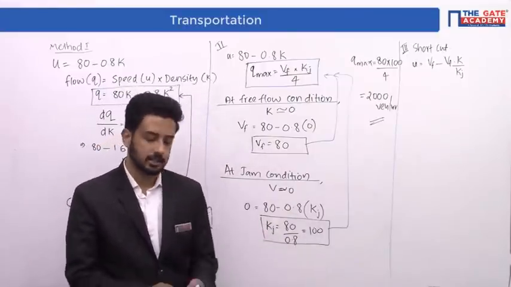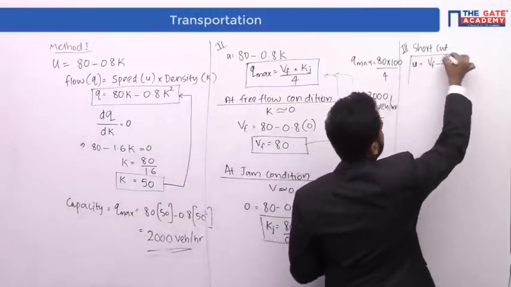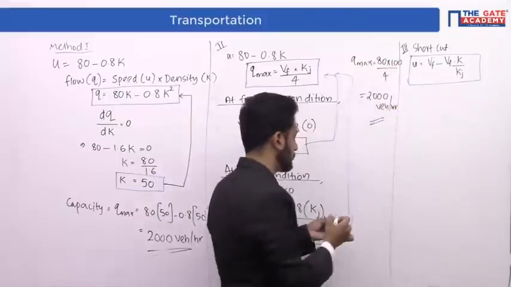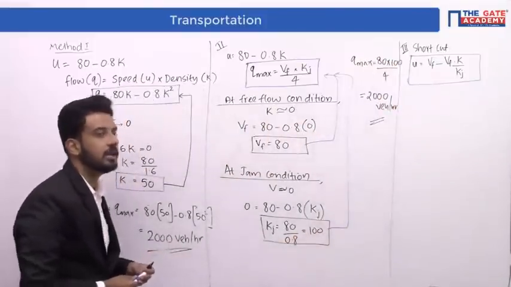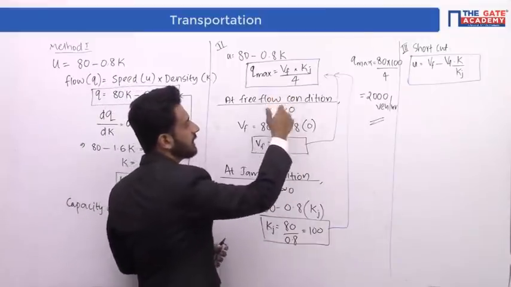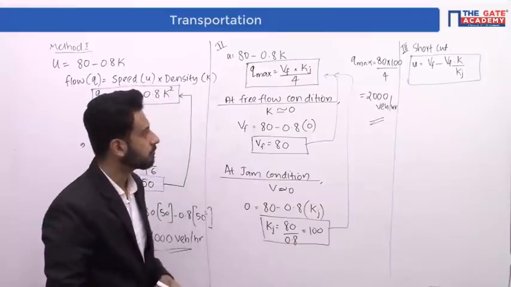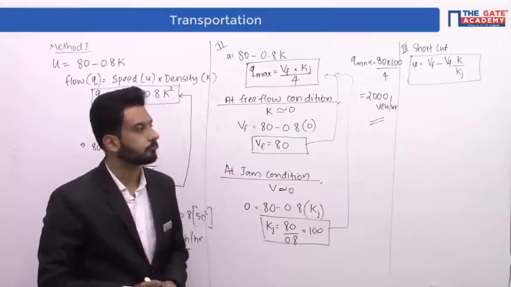That expression is also given by Greenshield, and it is one of the very important equations in transportation engineering. Okay, you have to study that equation, and this is another equation which is very important in transportation engineering from the gauge point of view. Fine.